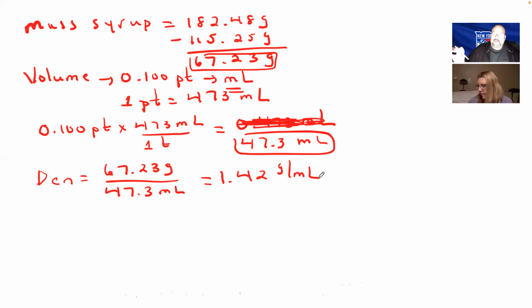You have to put the empty container on. Some balances, a lot of balances, have what is known as a zero function, which, if you hit that, will set the balance back to zero. Right, with the container on there. So when you add the liquid, you get the mass directly, but not in this question. In this question, we're definitely looking for weighing by difference. Okay.